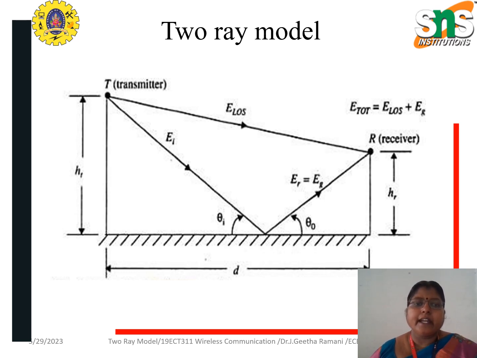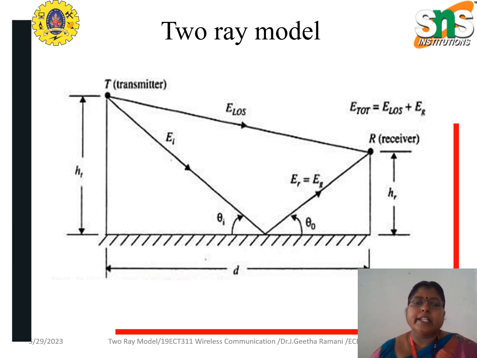Then there is another wave that starts from the transmitter, which does not travel in a straight manner like the LOS, but hits the ground surface and, due to the reflection phenomenon, gets reflected back and finally reaches the receiver.